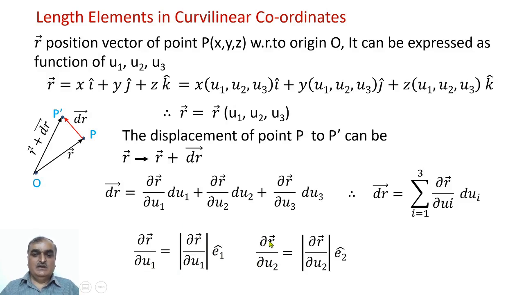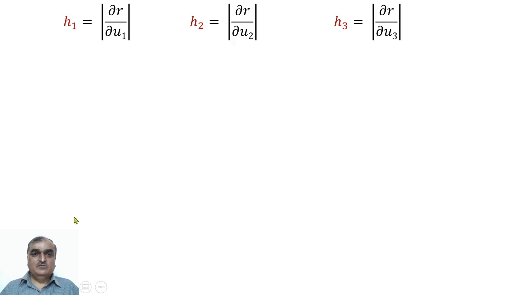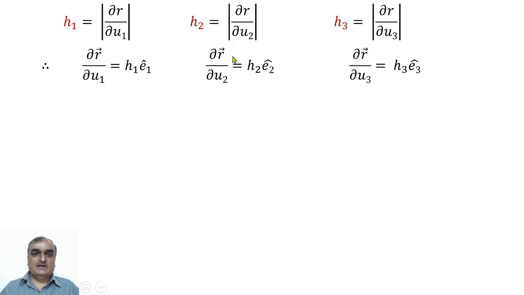In the same way, ∂r bar by ∂u2 is equal to this magnitude into the unit vector along the u2 curve, and ∂r bar by ∂u3 is equal to the magnitude of the displacement into the unit vector along the u3 curve. Then these magnitudes may be written using new notations h1, h2, h3. These h1, h2, h3 are called scale factors.